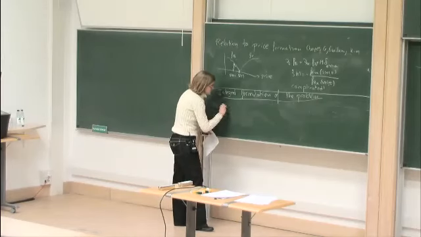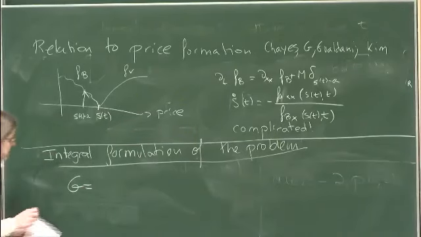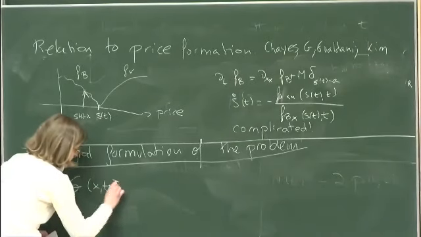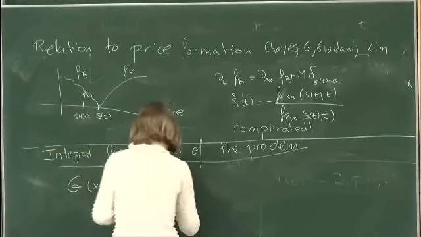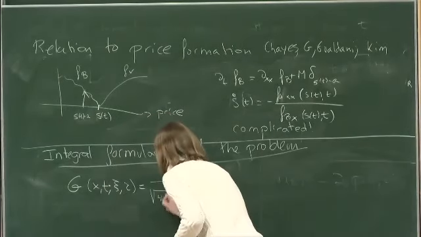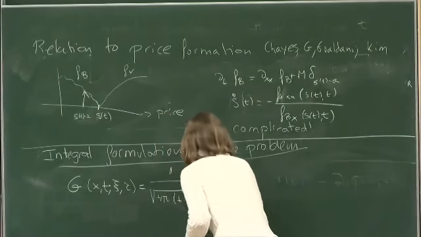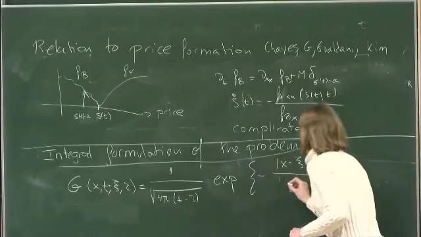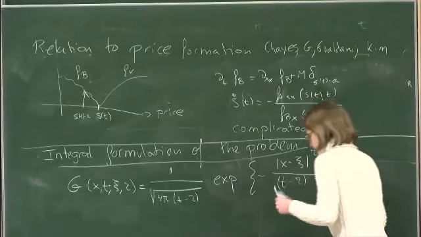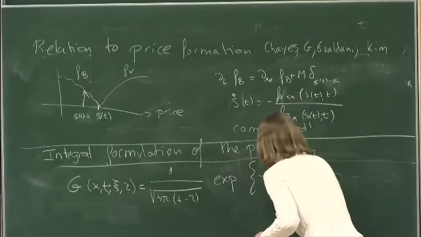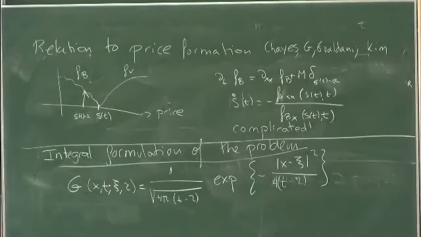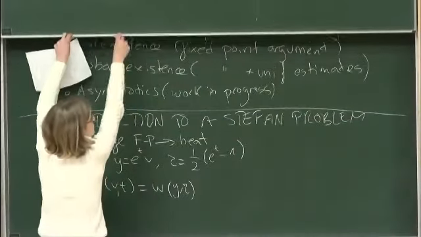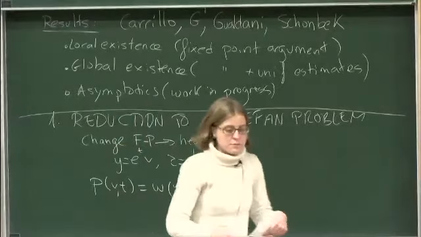First thing I'm going to define: let g be the Green's function for the heat equation in R. I'm going to put already the four arguments, x, t, c, tau: g = 1 over the square root of 4 pi (t minus tau), times the exponential of minus (x minus c) squared over 4 (t minus tau). Using this Green's function, you can give an explicit solution to the problem.